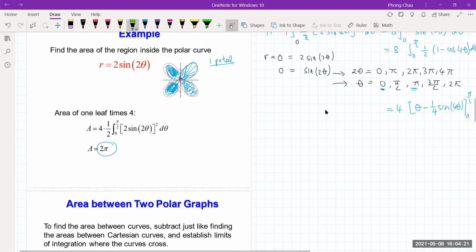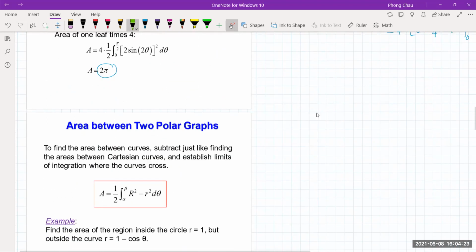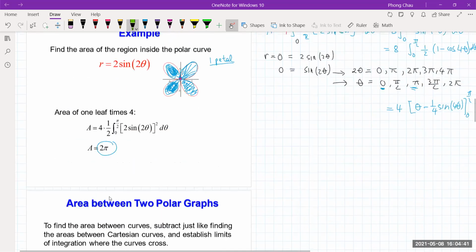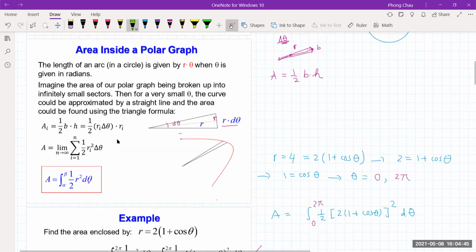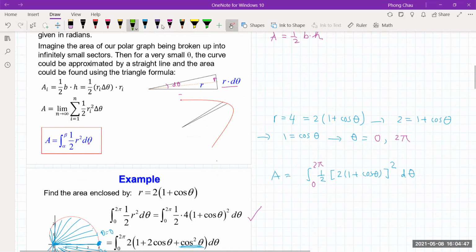So here's the formula. To find the area between two curves, subtract just like finding the area between Cartesian curves, and establish the limits of integration where the curves cross. So the area now, you see that it's really 1/2 r squared. But now what happened is we have two graphs, okay?